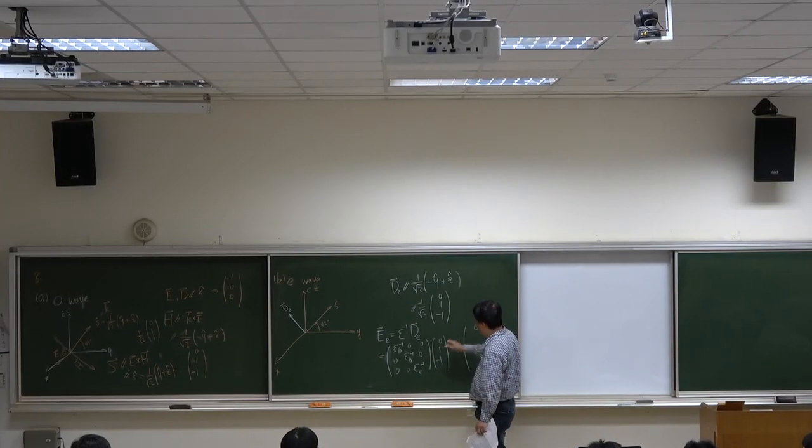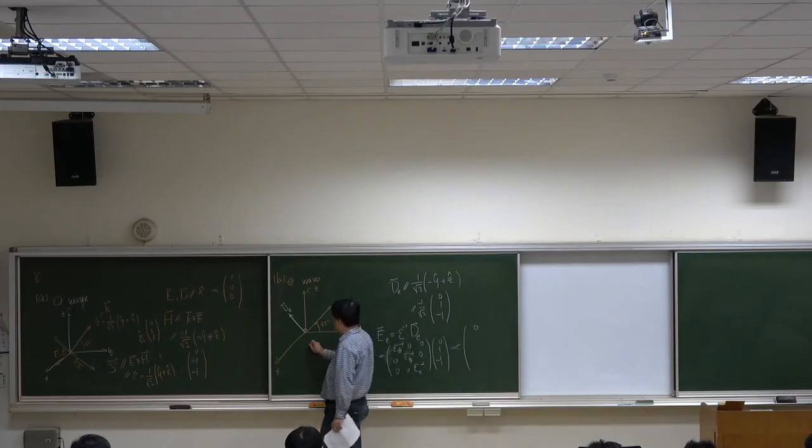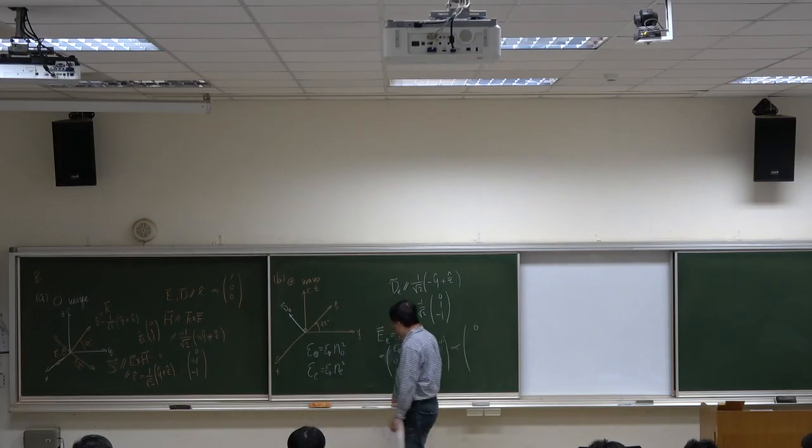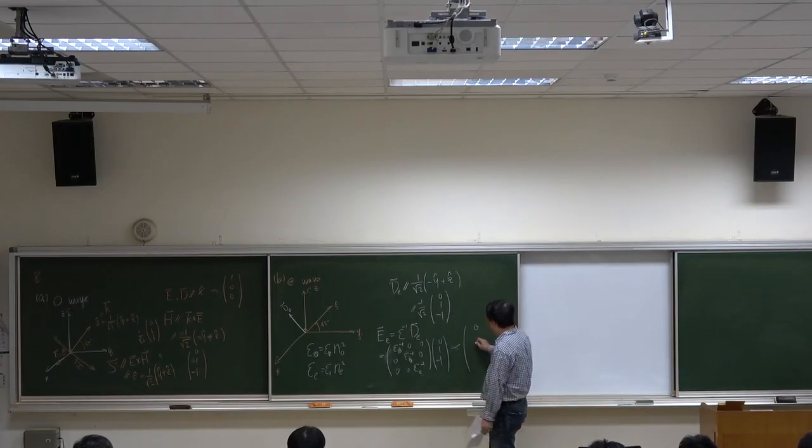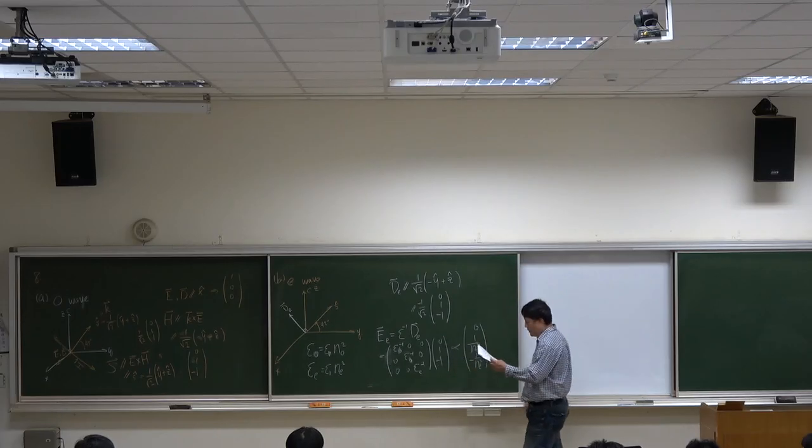Because epsilon O is equal to epsilon 0 times NO square, and epsilon E is equal to epsilon 0 times NE square, we can also write this as 1 over NO square minus 1 over NE square.